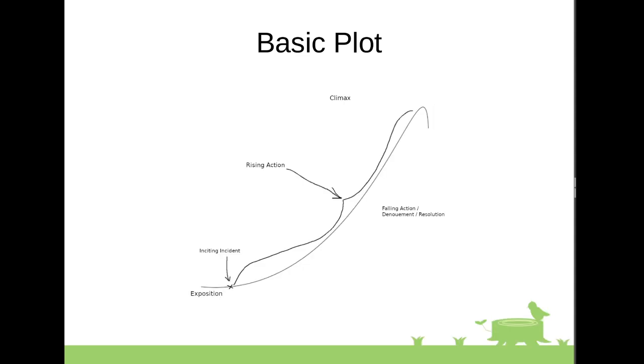We have some names for the parts of a story that correspond to these areas of tension, and this shape and these names are all part of what's called Freytag's triangle or Freytag's pyramid. If you look that up online, it's not important to know that, and it's not important to memorize all of these terms, but I will be using them through the rest of the unit, so it's good to have an idea of what I'm talking about.